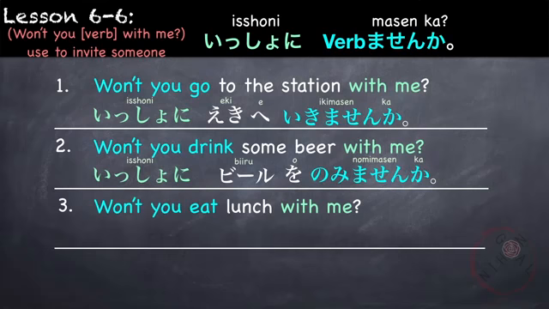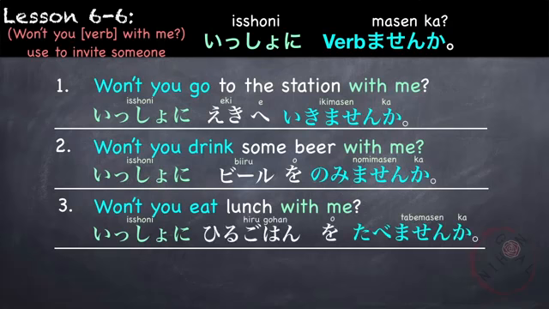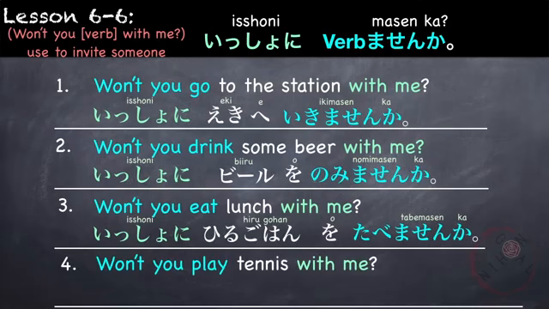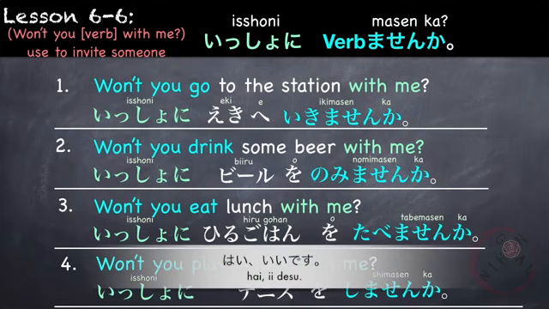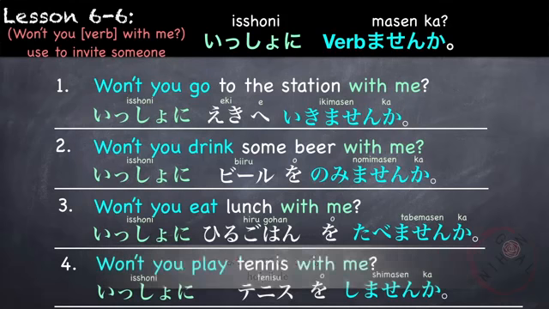Won't you eat lunch with me? 一緒に昼ご飯を食べませんか? Won't you play tennis with me? 一緒にテニスをしませんか?